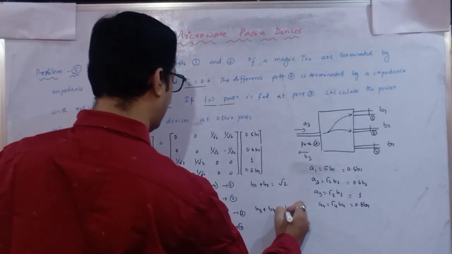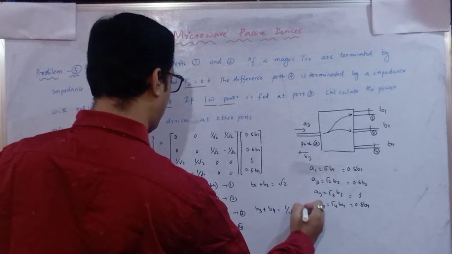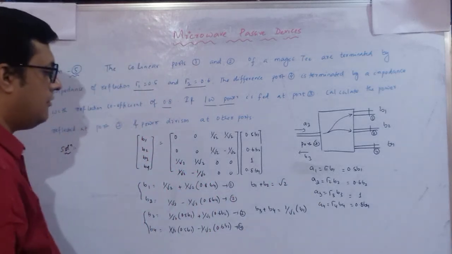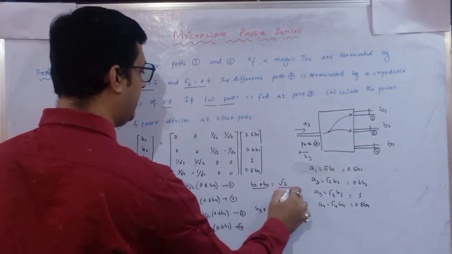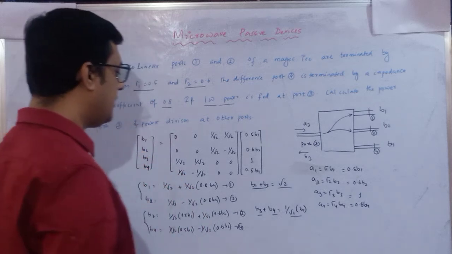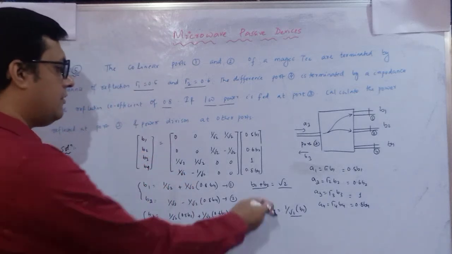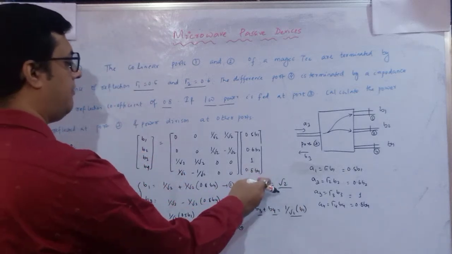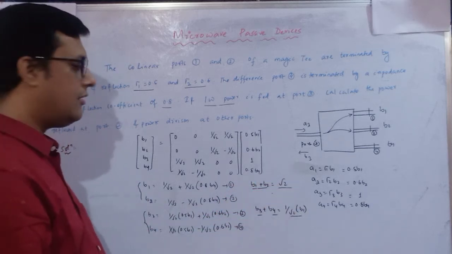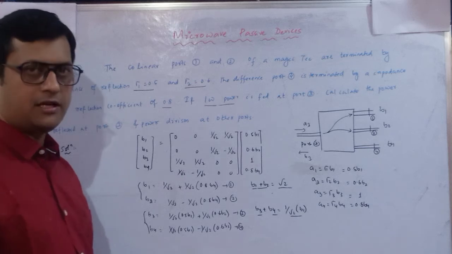So it is 1 by root 2 times B1. So now here we have got B1 plus B2 equals root 2, and B3, B4 and this one is B1. And you have to just substitute this B1 component here, either B1 is equal to minus B2 terms, or in terms of matrix multiplication.